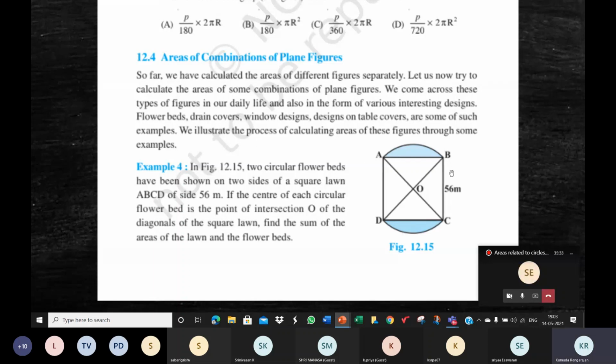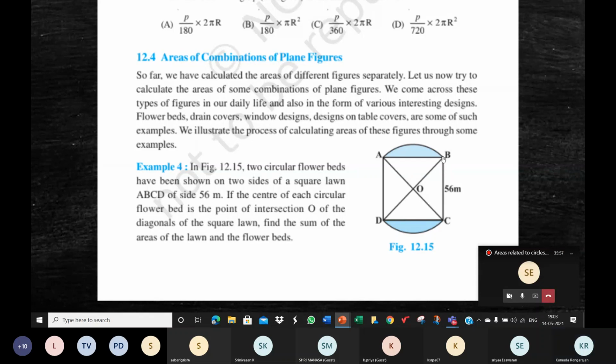Diagonal AC and diagonal BD bisect each other. That means O is the midpoint of AC, and O is also the midpoint of BD. So OA is equal to OC. Similarly, OB is equal to OD, because the diagonals bisect each other.